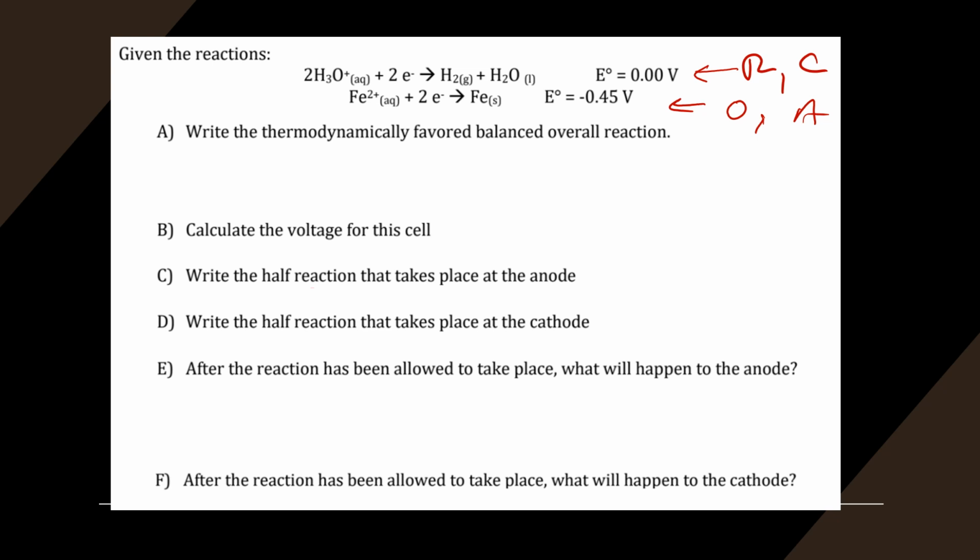Because it has a lower reduction potential value, I need to flip this and see if I need to multiply by anything, which I don't, because I have 2 electrons on both sides when I combine them together. Write the thermodynamically favored overall reaction.